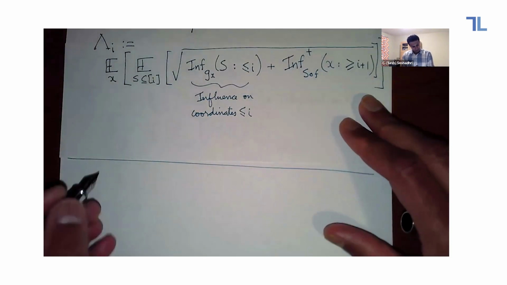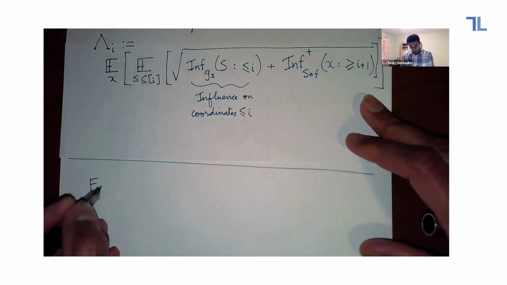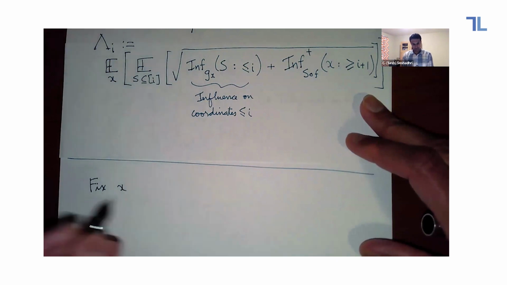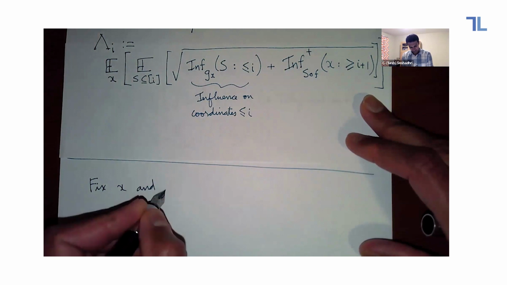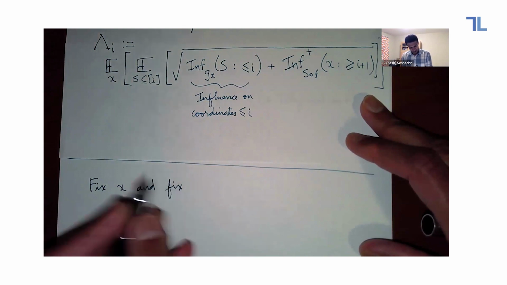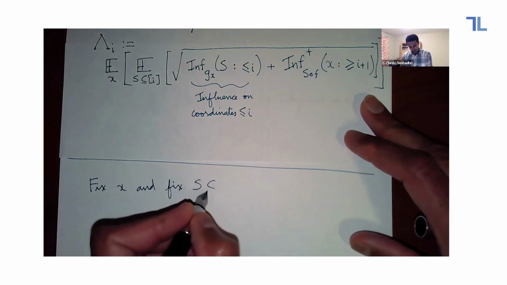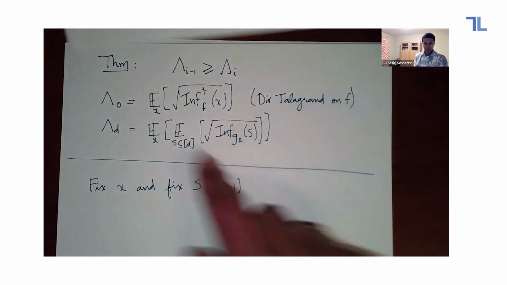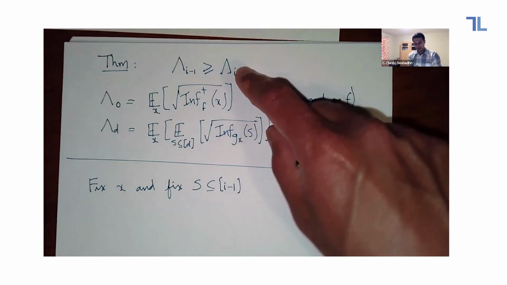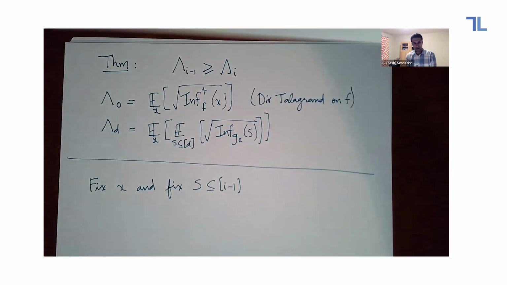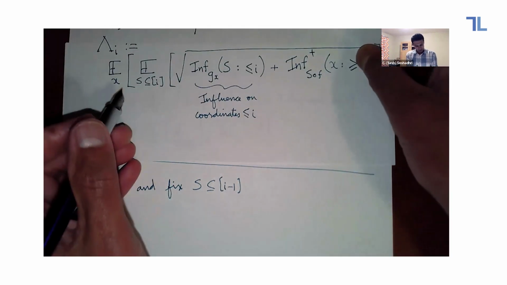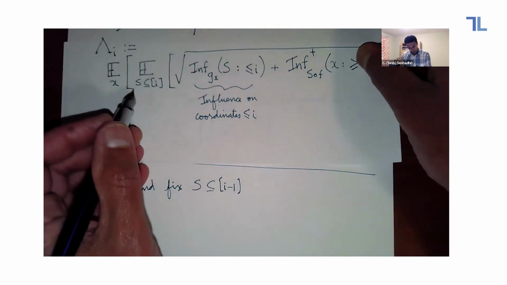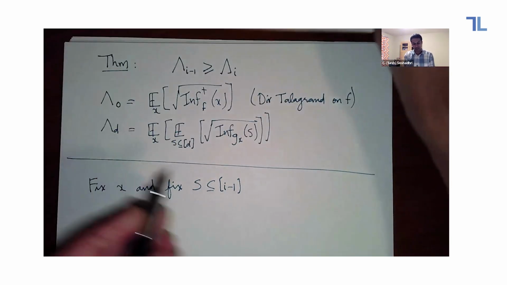What we'll do is fix x and fix S, a subset of i minus 1, because I want to prove this here. Remember, this is a double summation over x and S.